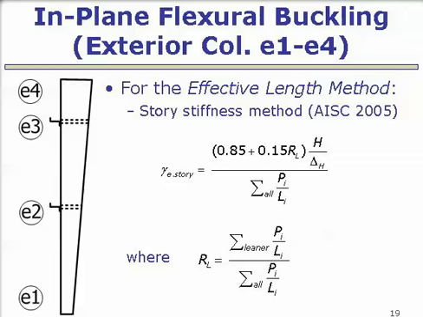Okay? The best way to do that, in our view, is to use the story buckling concept that's in the AISC commentary, and it's written in just a generalized form here that gives you the gamma. This comes originally from Lemessurier's work. Again, it's discussed in the commentary, and it's really a part of what you have in the B2 equation.